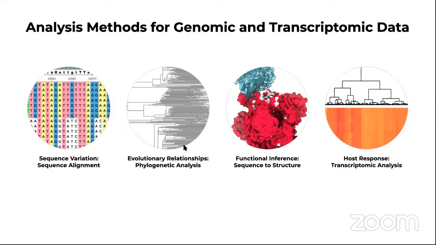And that could mean in the context of multiple samples or even an individual sample, as we will take a look. Now, the second question that you might ask is, once you've identified a region of interest, for example, the spike protein, how could you actually interpret the impact of specific variants on binding, on maybe other structural properties of that particular protein because you understand its function? And a way to study the function is to study the host response through transcriptomic data analysis.